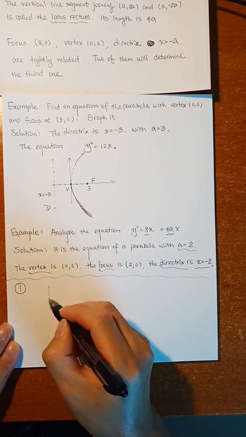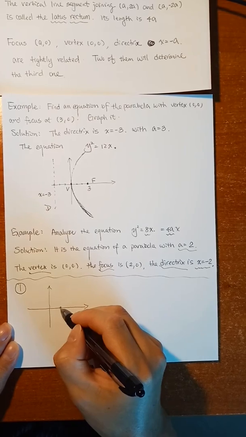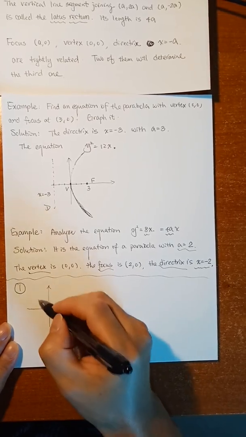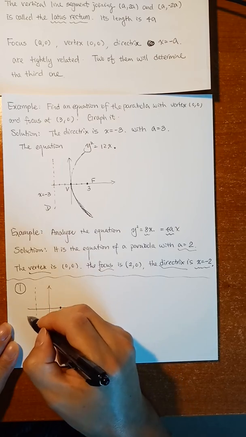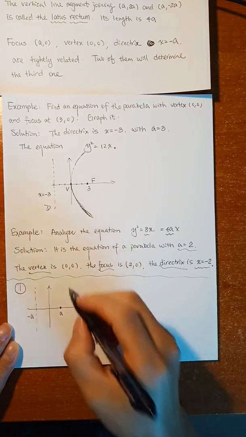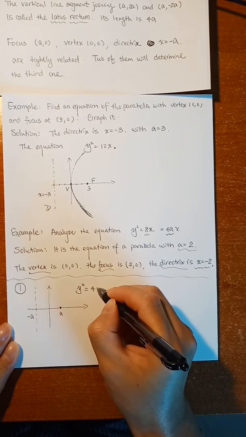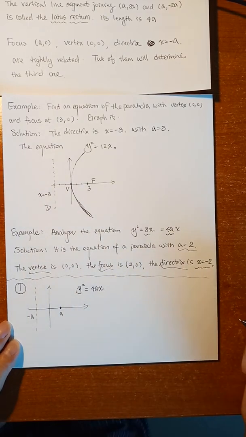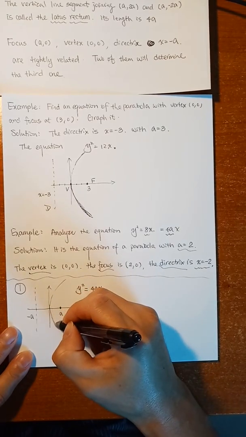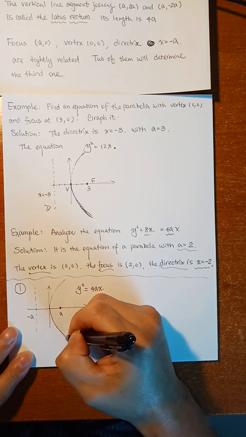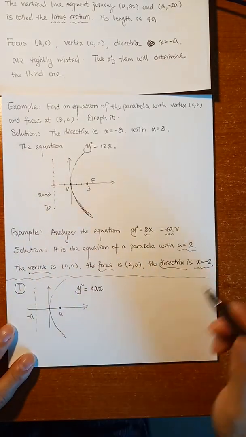First one, I place the focus on the right side, (a, 0), directrix on the left side, x equal to negative a, and I get the equation y squared is equal to 4ax, and it's open to the right, to the positive x, open to the right.